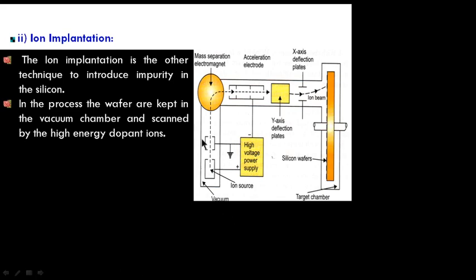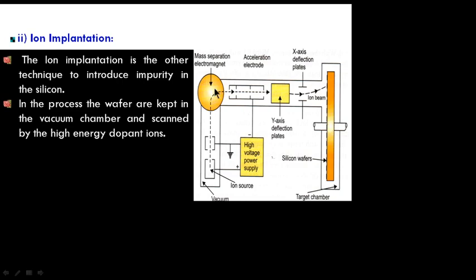In this process, wafers are kept in a vacuum chamber and scanned by the high energy dopant ion. This is a setup for ion implantation. This orange vertical long one is a wafer holder. You can see the black one on the left edge. Many wafers are stuck here, and this bar is rotating continuously in a forward direction, and this is a source of ions, with the help of a battery.